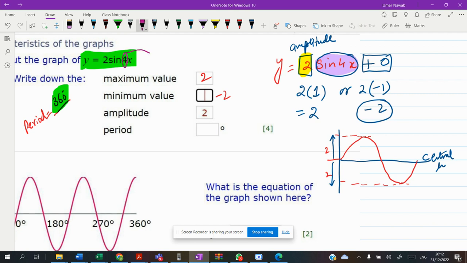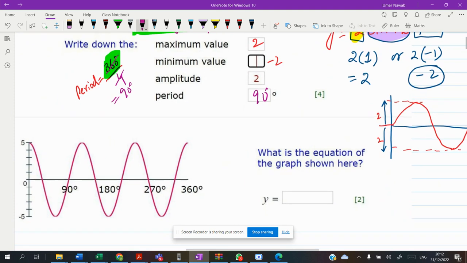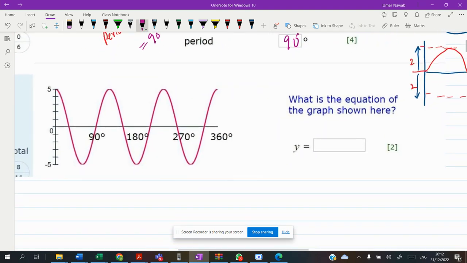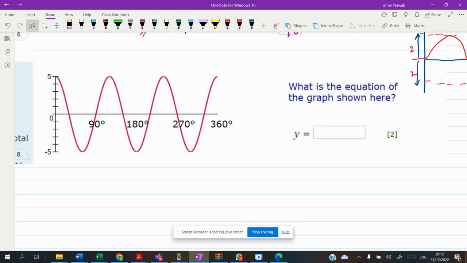This number, which is the horizontal stretch with a scale factor of 1 over 4, is called frequency. Now divide by the frequency here. So 360 divided by 4 will give you 90 degrees. So 90 degrees will be the period.